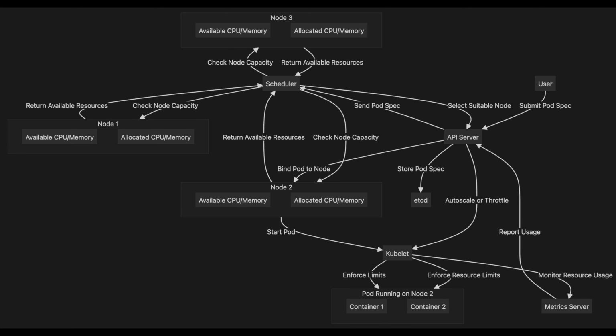So how does the scheduler use these resource requirements? We slightly touched upon that, but now let's talk a bit more. When a pod is created, the scheduler checks the resource request against the available resources on each node.